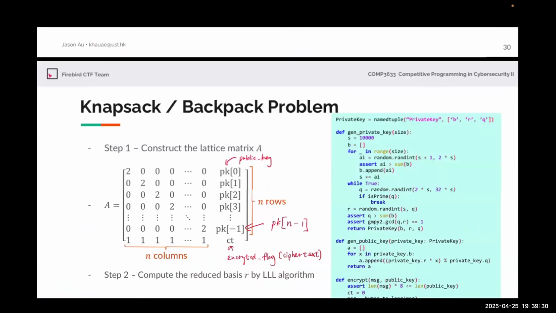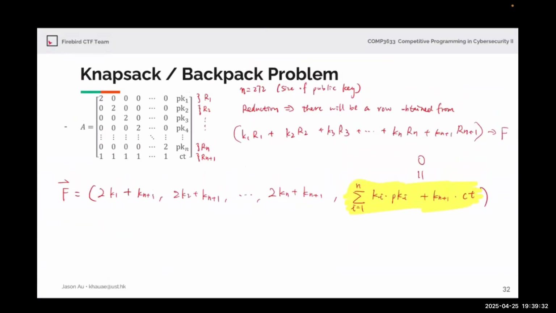So we can see that CT is actually the sum, from i equals 1 to n, of Mi times public key i.